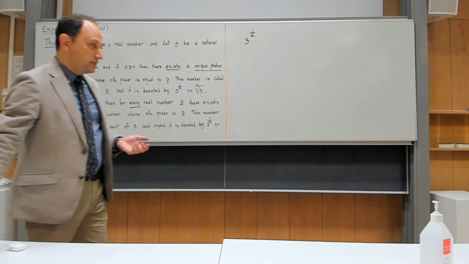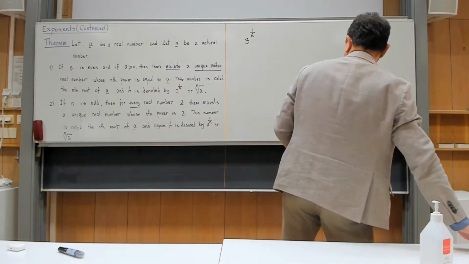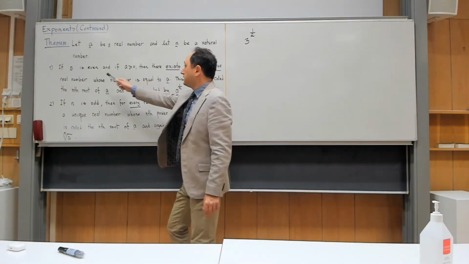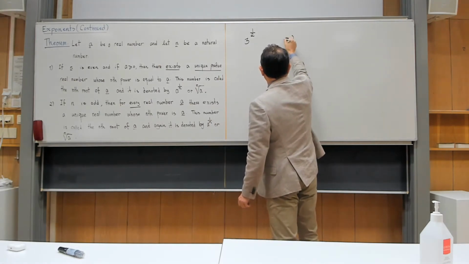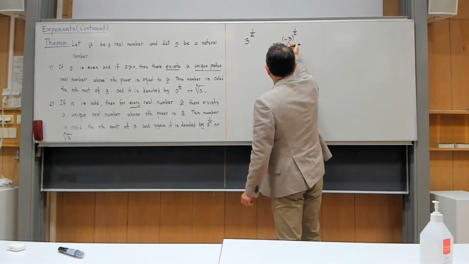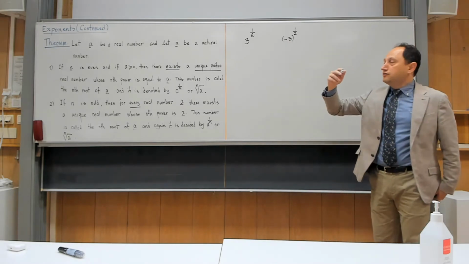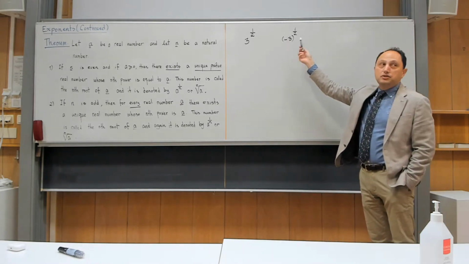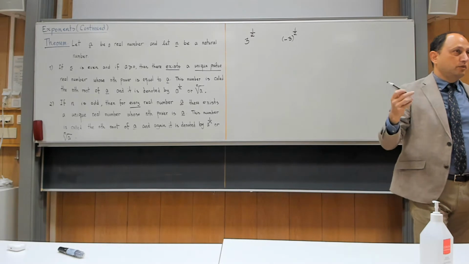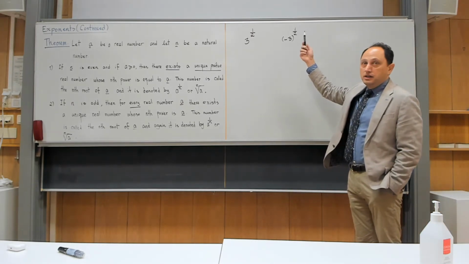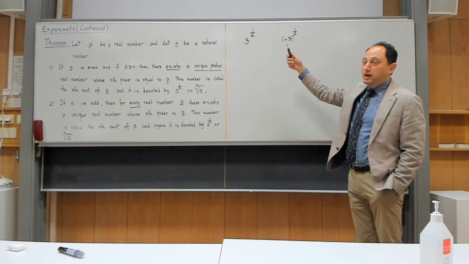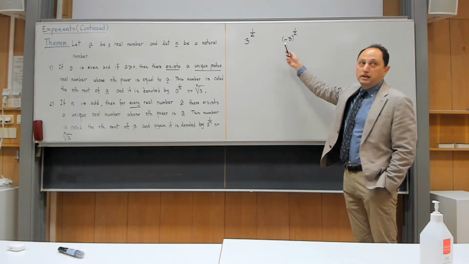The reason that I excluded negative numbers from this case is because if I write something like this, it is not meaningful. Not meaningful means that such a number does not exist in the first place. Why? Because this is going to refer to a number so that when I multiply it by itself, it becomes -3.